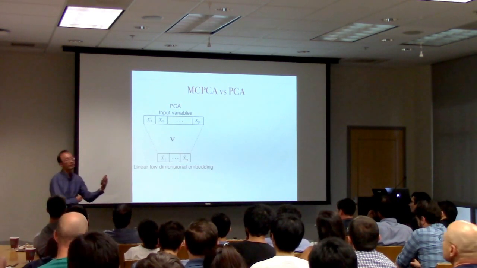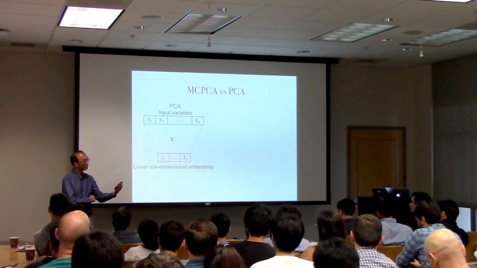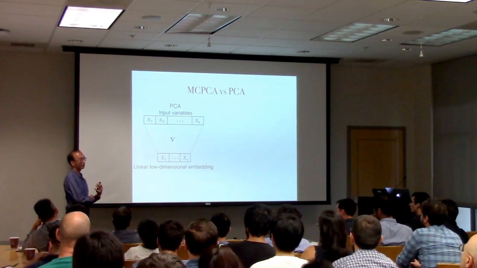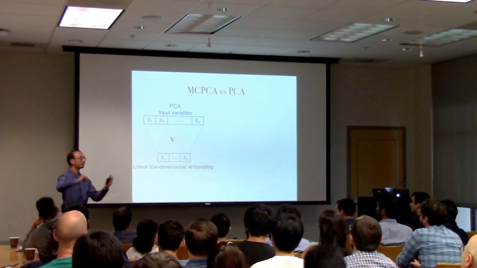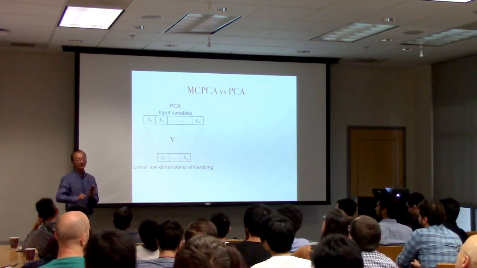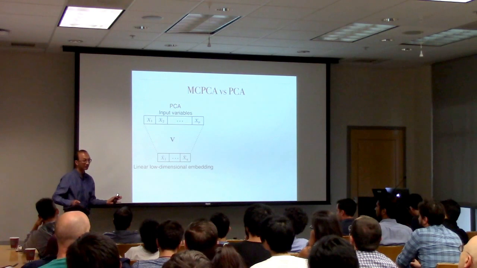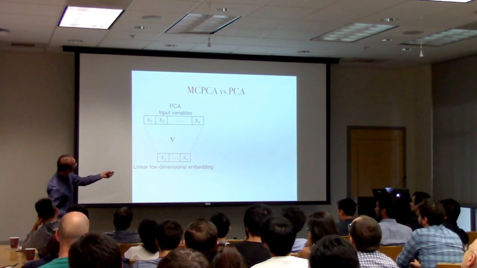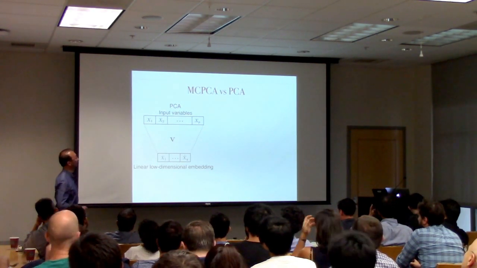You want to do PCA of dimension 2, as John likes to do, or Q equals 50, or Q equals 30. Q is a parameter in your PC analysis. You choose that dimension, you get V.